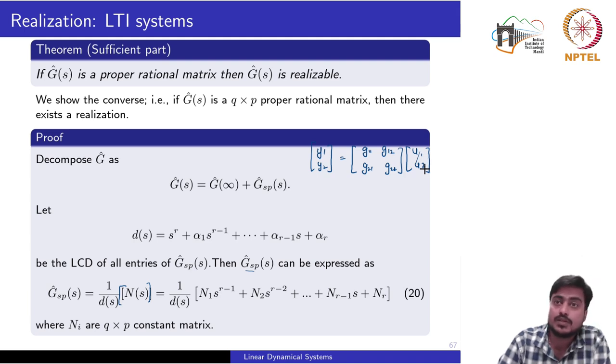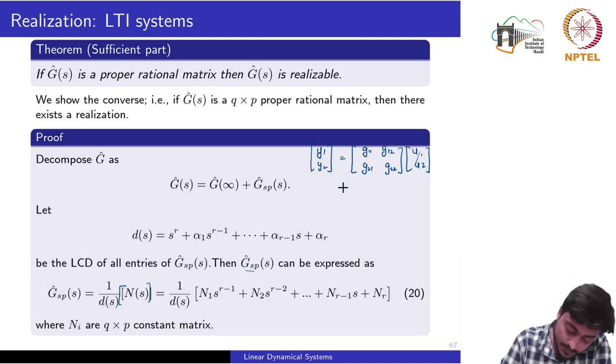Let's say we have this 2 by 2 system, and all these g11, g12, g21 and g22 are transfer functions, basically the ratio of polynomials. Now let's denote g ij as some polynomial n ij over some denominator polynomial d ij of s.